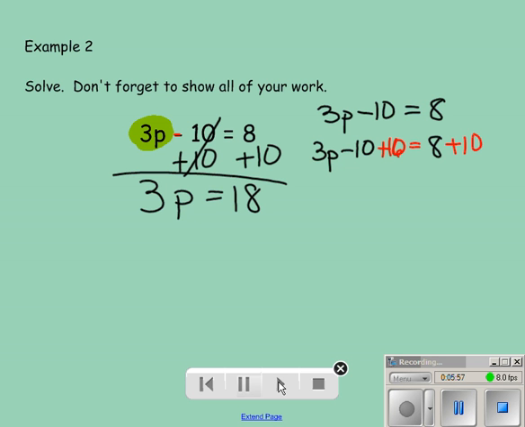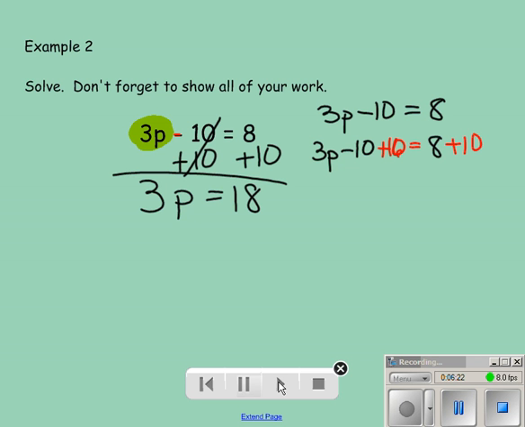If you looked at it horizontally, 3p minus 10 plus 10 equals 8 plus 10. So it's kind of doing minus 10 plus 10 where you're canceling them out. Does that make sense? Does that clear it up? Okay. If you want to write it this way, you can. A lot of people do write it this way. Some people write it this way. That's kind of the choice that you have there.